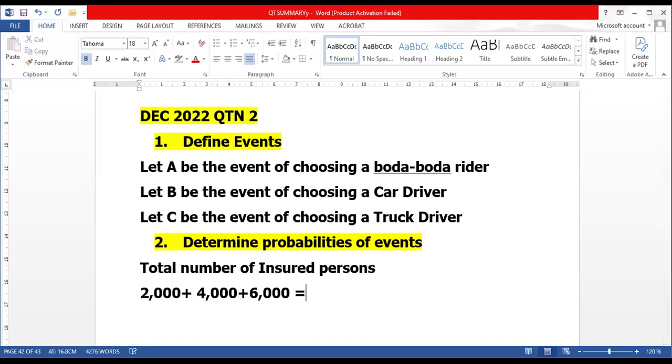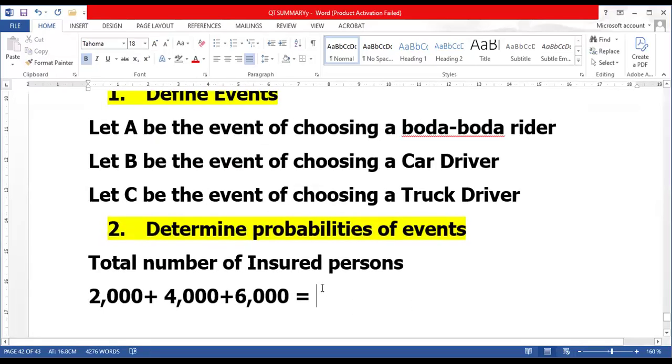So the total you get what? Add very fast and tell me the total. That is 12,000. These are insured persons.